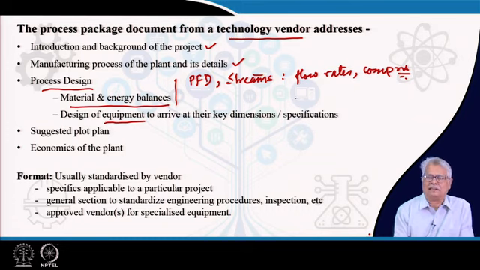It will definitely have a generalized section to standardize the engineering procedures and the practices and the inspection that has to be followed if such a plant has to be built. In some cases, you also have an approved vendor list for the specialized equipment.